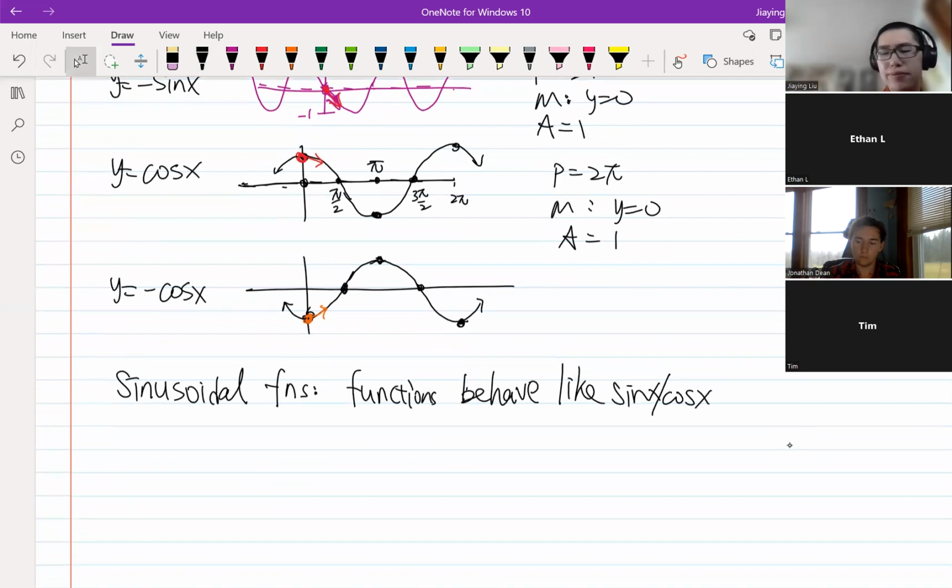So for example, the general formula, I'm going to write down both.